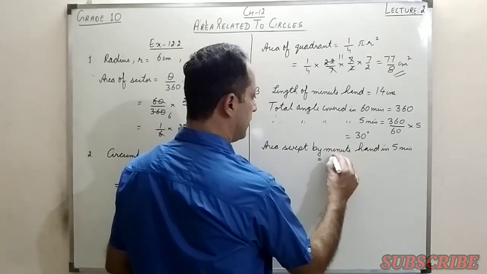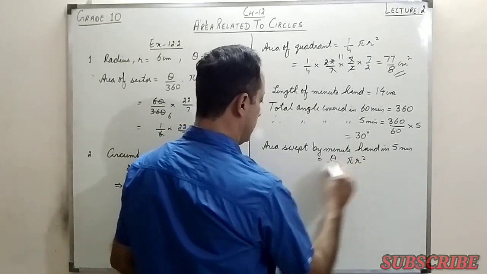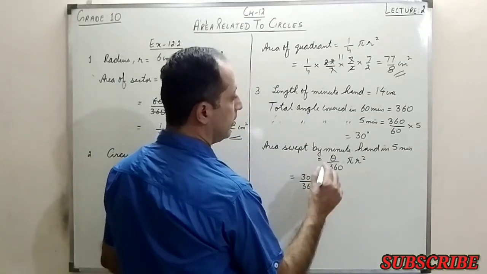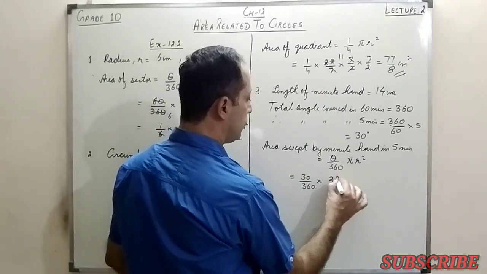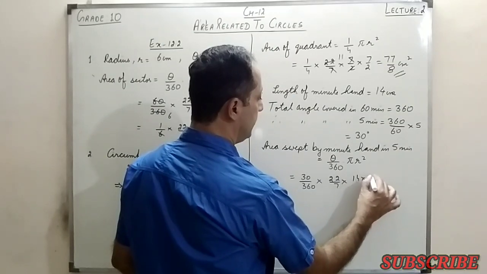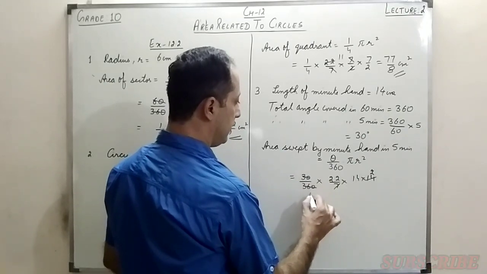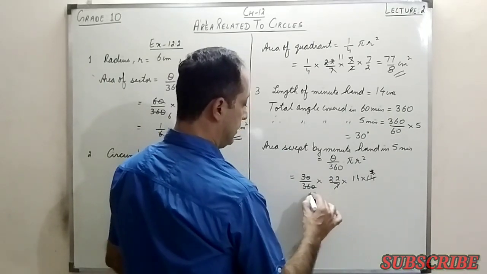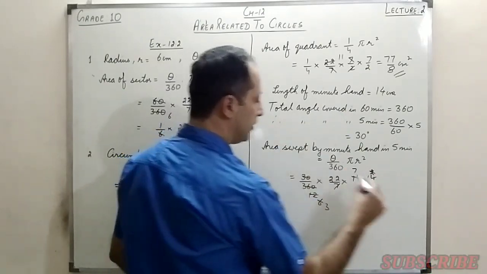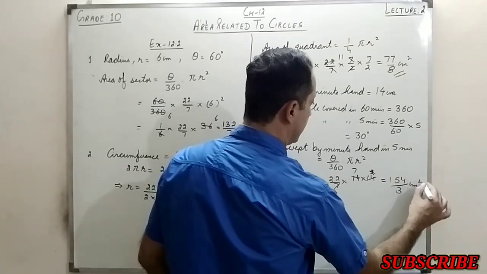So this is 30 by 360 into 22 by 7 into 14 square, so I write 14 2 times. The 7 cancels with 14, this is 2. Here we have 12, this is 6, and then we have 3. So in the end, we have 154 by 3 centimeter square.